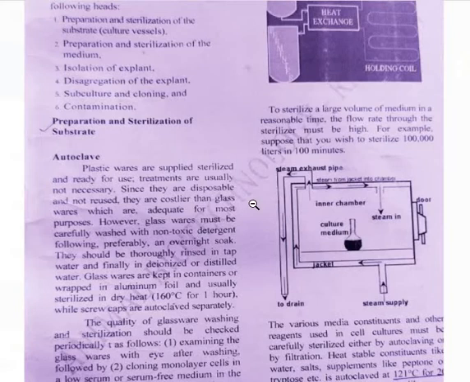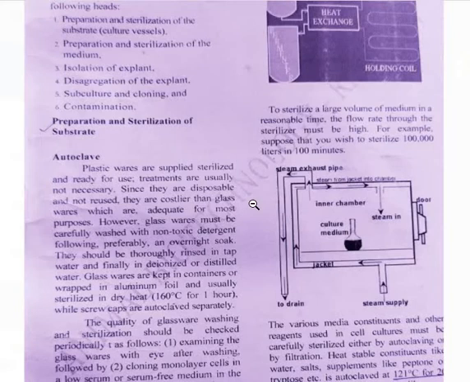The first step is sterilization only. You can see here: preparation and sterilization of the substrate, that is culture vessels, and preparation and sterilization of the medium. All the mediums you are going to use for the particular cell culture, you have to sterilize. Isolation of explant. Explant is nothing but a tissue or animal cells that you are going to take. Disaggregation of the explant.